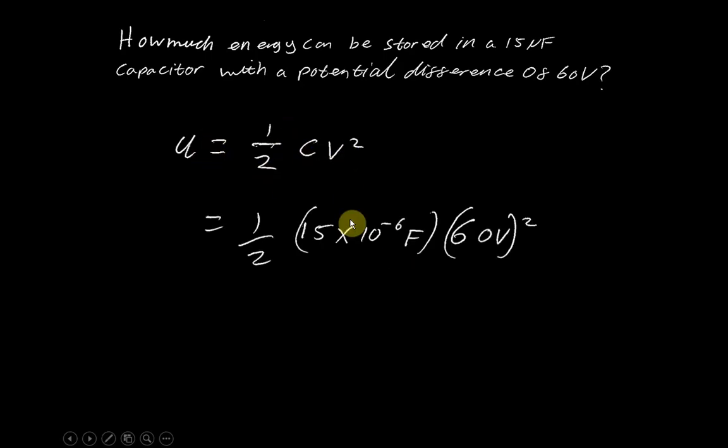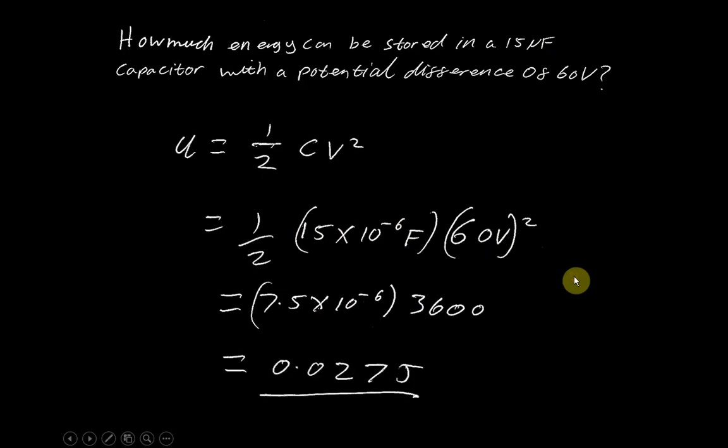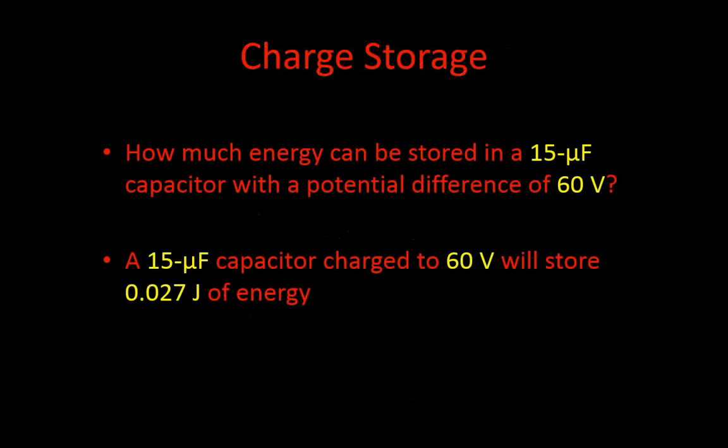We have all the values we need, substitute in, and we'll end up with 1/2 times 15 times 10 to the minus 6 farads, microfarads, times 60 volts squared. This will give us 7.5 times 10 to the minus 6 times 3600. This will give us 0.027 joules. So a 15 microfarad capacitor with a potential difference of 60 volts will store 0.027 joules of energy.